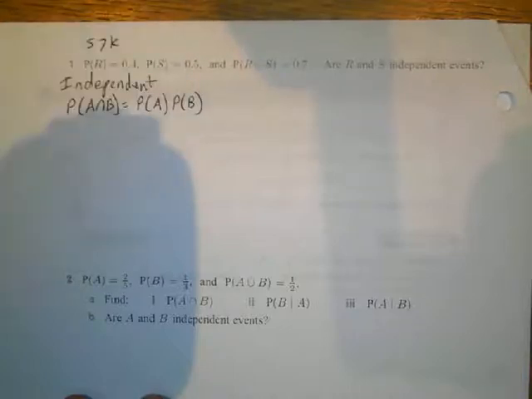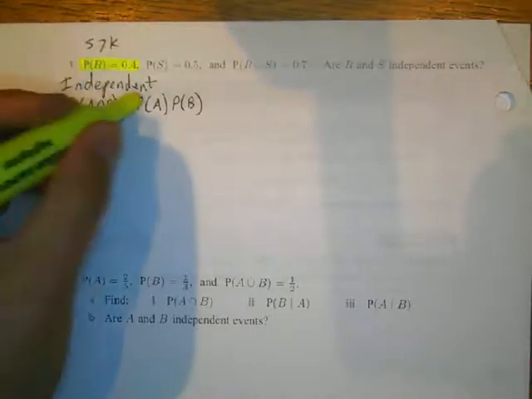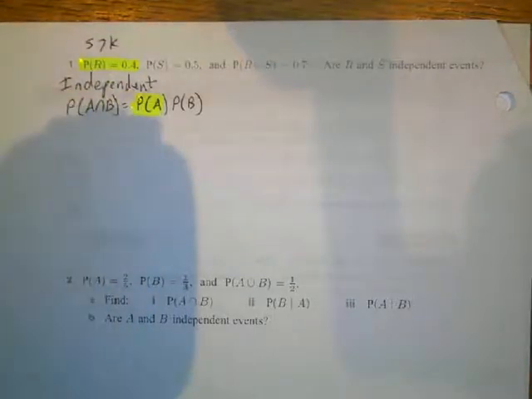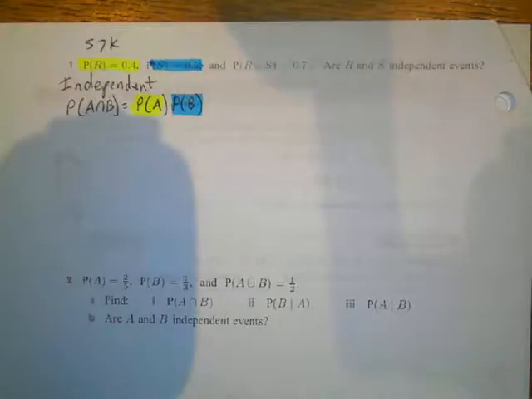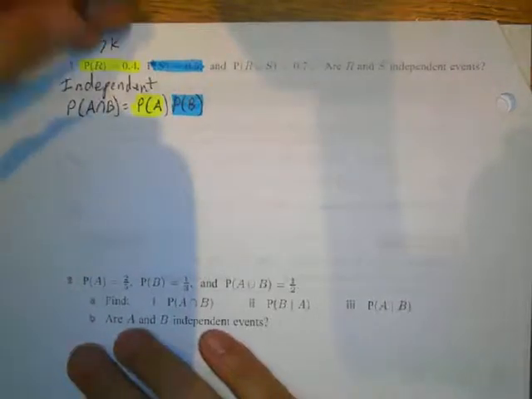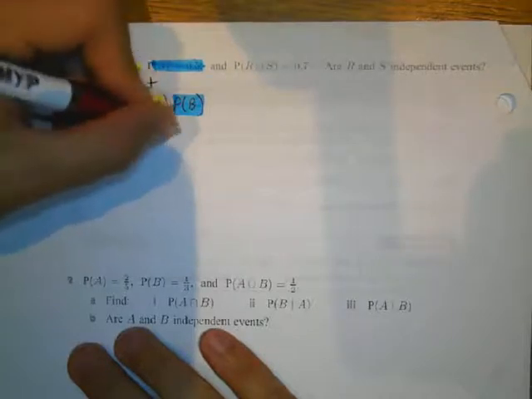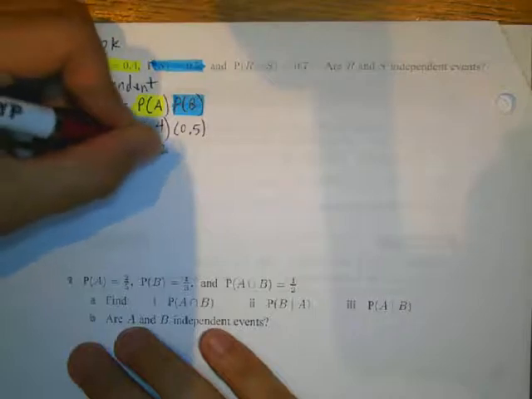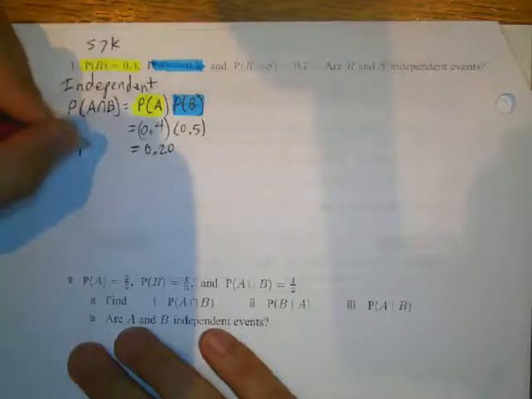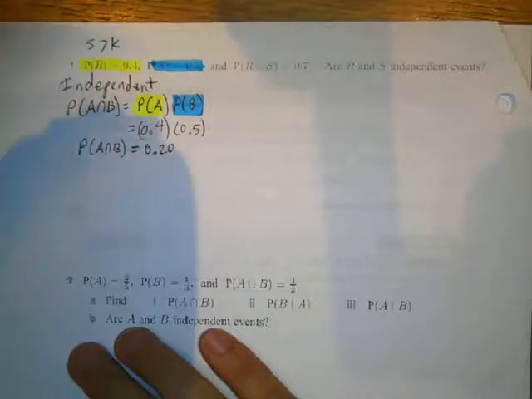Well, instead of A, we've got R. So we've got this probability is 0.4, this probability is 0.5, and that's going to get us the intersection. So 0.4 times 0.5 is equal to 0.20, right? So that's our probability of A intersection B, or R intersection S, right?